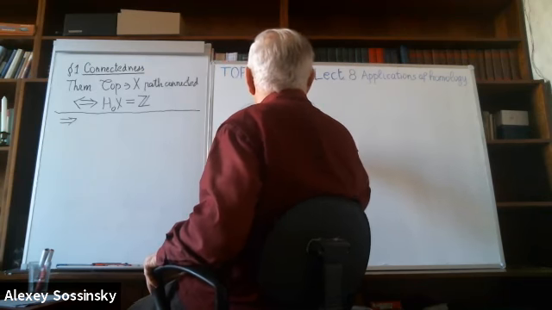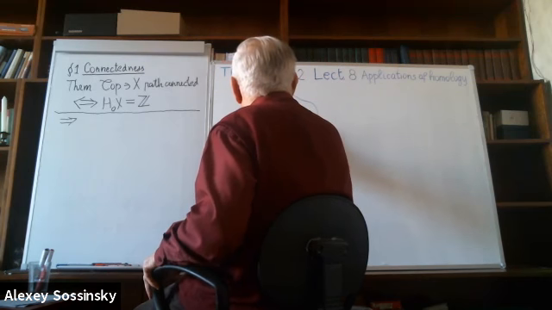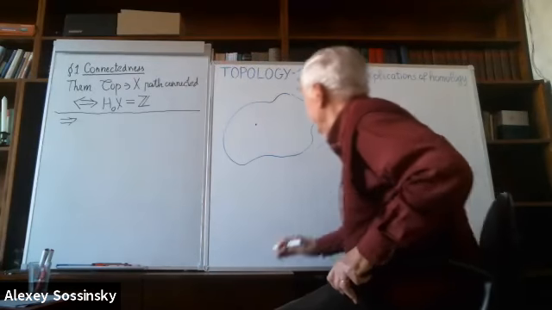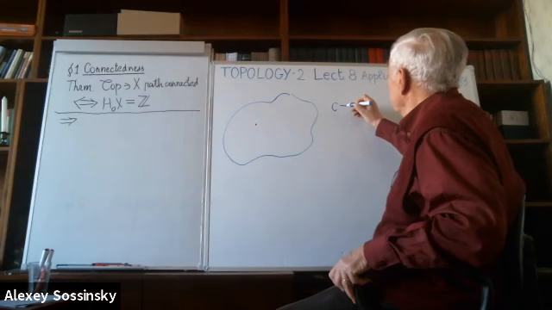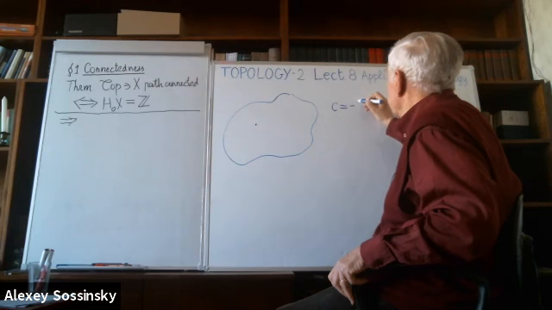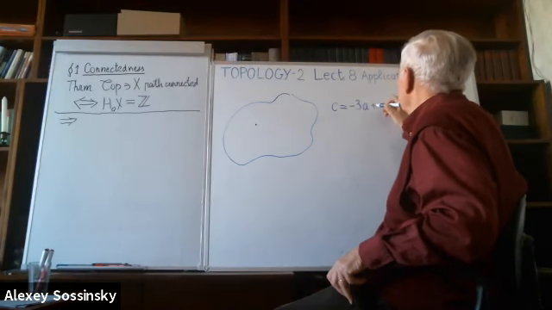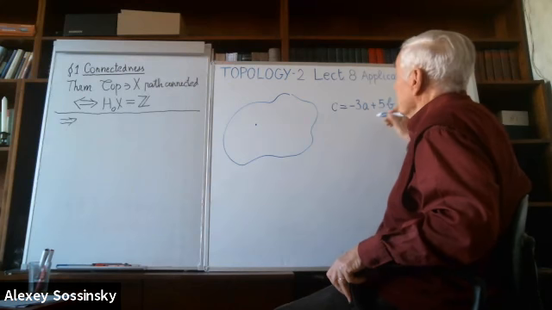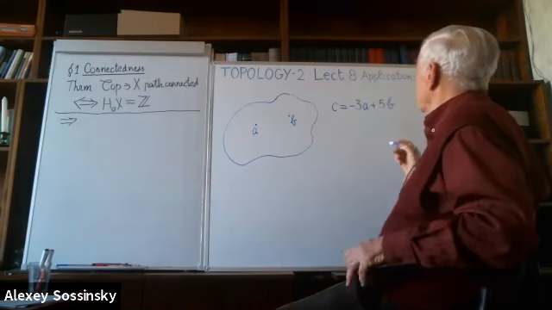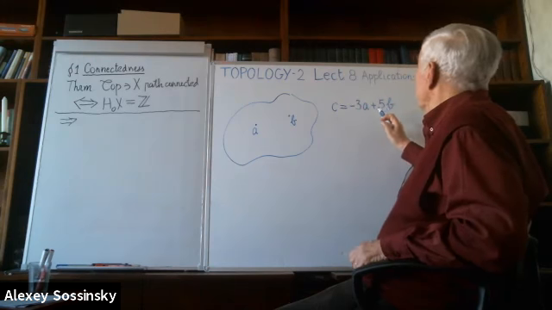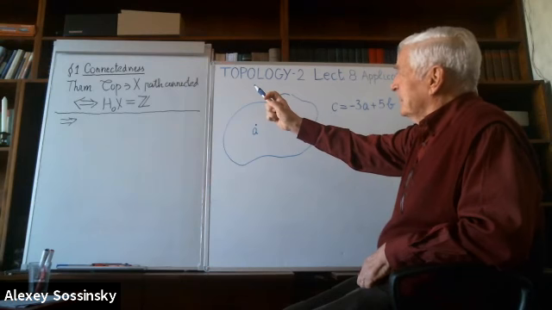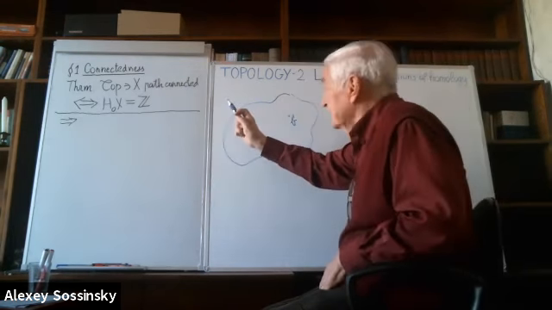Let's consider the zero-dimensional chain C equal to, let's say, minus 3A plus 5B, where A and B are points of X, but here they are regarded as zero-dimensional singular simplices. We're using singular homology here.